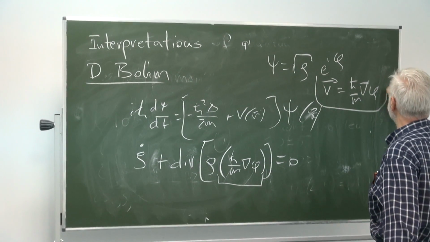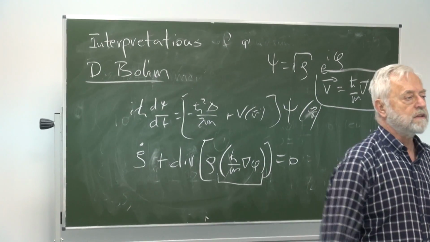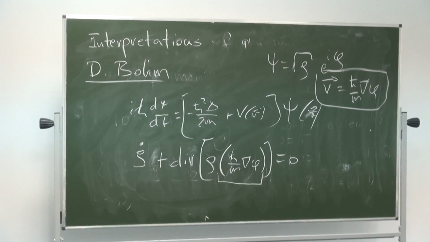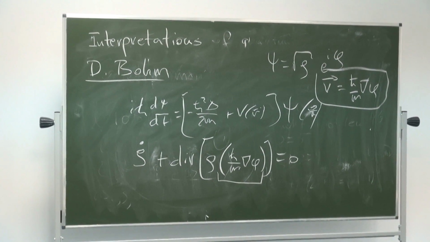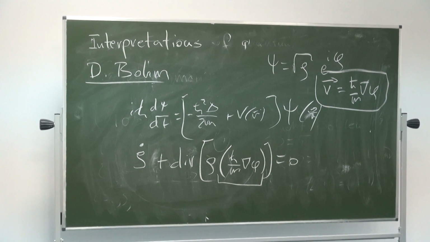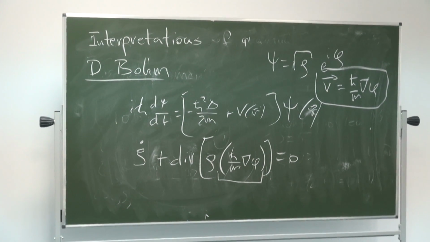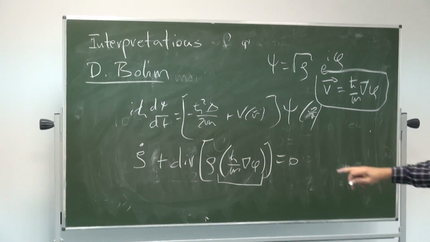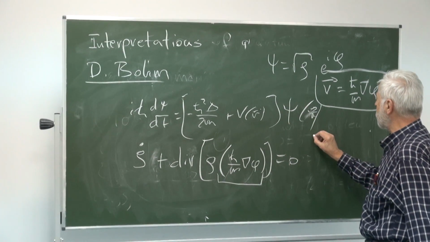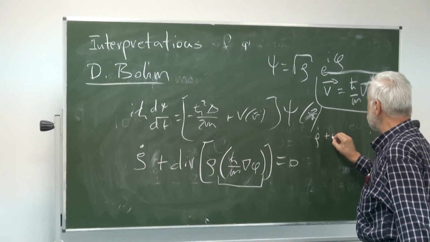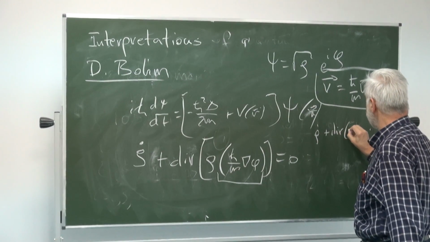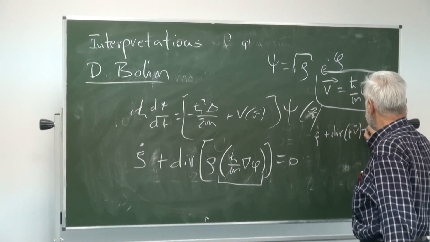There is nothing more right now than the abbreviation for the gradient of phi. Now with this substitution, this becomes a very conventional thing, rho dot plus divergence of rho v equals 0.